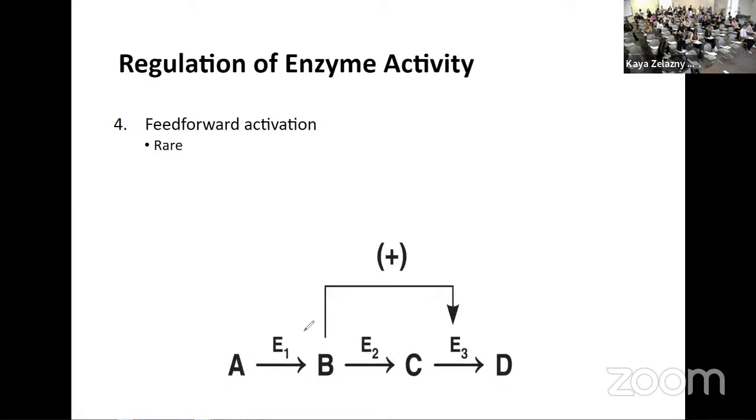But what this is showing us is just that it is also possible that you can have a molecule created earlier in the pathway that jumps forward and affects an enzyme later on and makes it act more effectively. So these are both ways we could regulate the rates of different parts of chemical reactions in the body. When we're regulating rates in the body, we are regulating the action of enzymes.